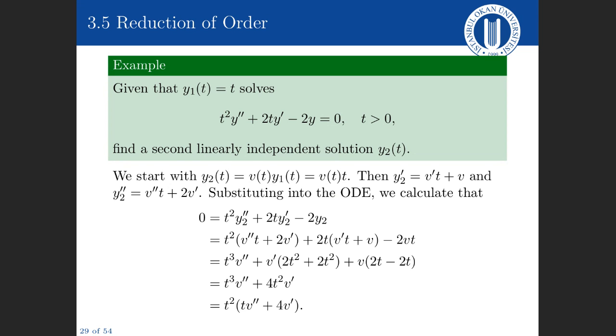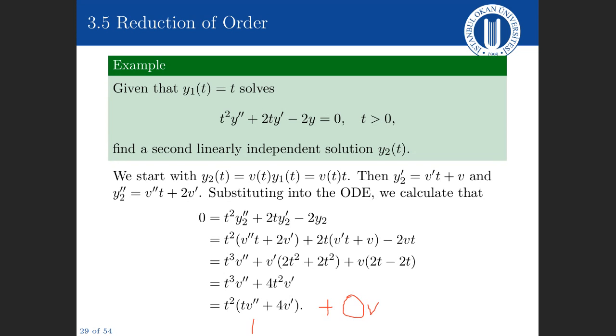Differentiate two times, and then substitute into the differential equation. I'm not going to go through this step by step in the class. Please check that this is correct. You know that sometimes I make mistakes on these slides, so please check that there are no mistakes and this is actually correct. You will note that, as always, we have no v terms.